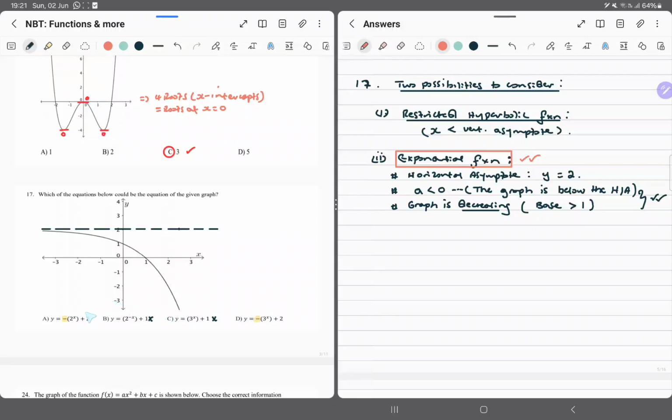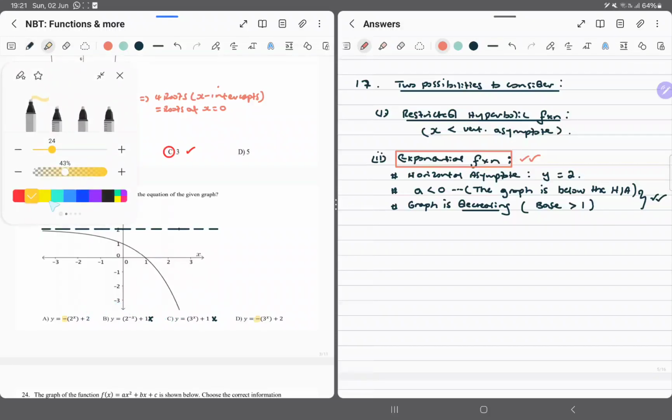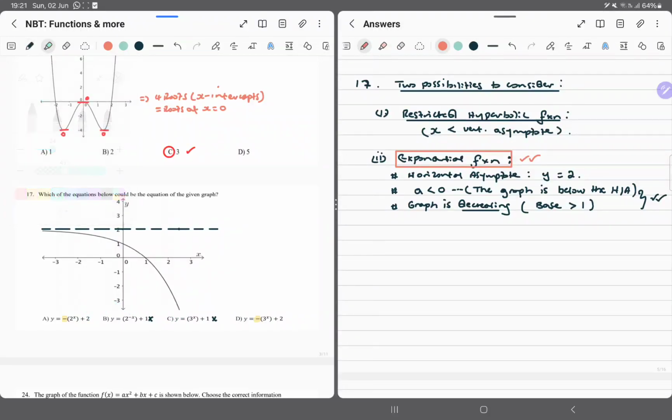The horizontal asymptote is 2. So again, these ones are on equal footing for that. Now what else must we do? We can see here that technically we need to think about the x-intercept is at 1 and 0. Now let's work out this x-intercept. X-intercept means y is 0.